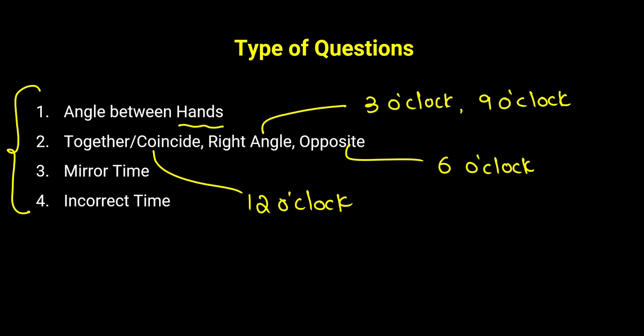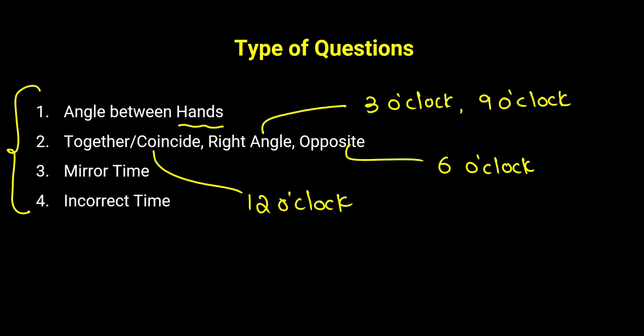Later, what is this mirror time, sir? Mirror time is like, suppose your watch has needles, not a digital watch. I'm not talking about digital. With needles, the minute hand and hour hand are there. Now they'll say in the mirror the time is 3:10, in a watch without numbers, only having hands.